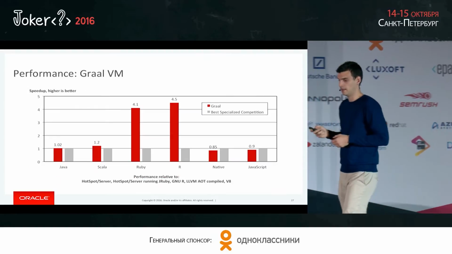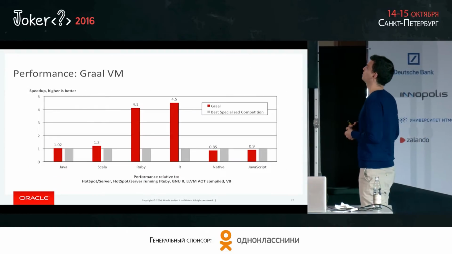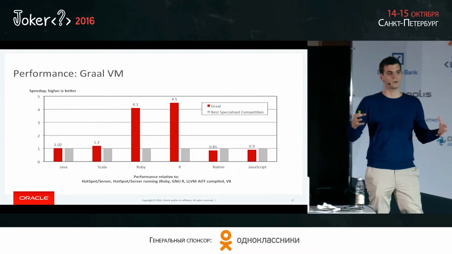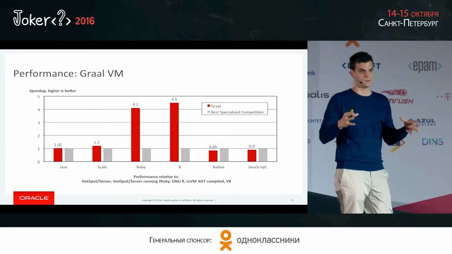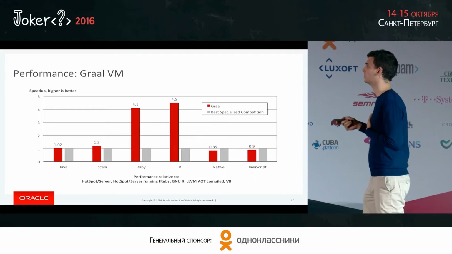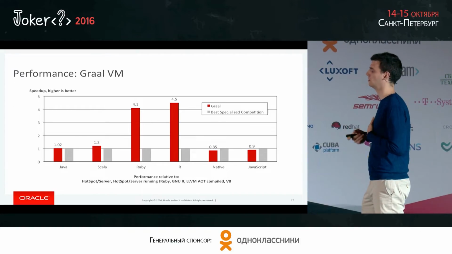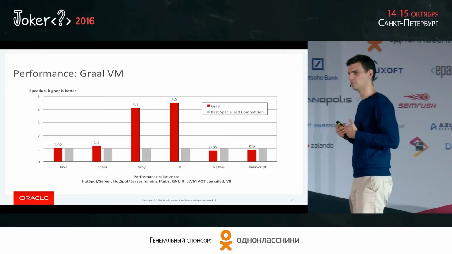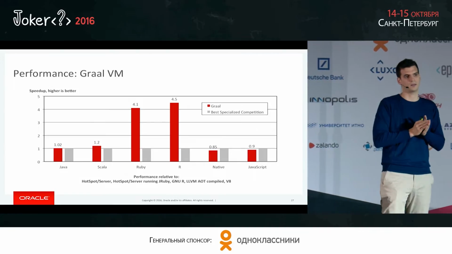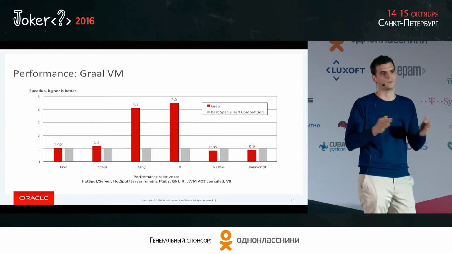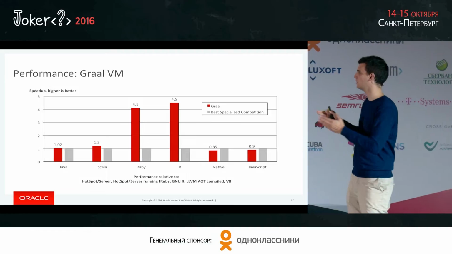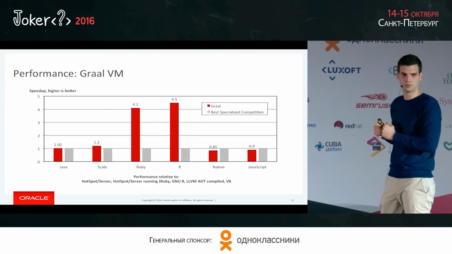So, let's look at the performance numbers. What we get with this whole effort, right? A lot of work went into this. This is an average over many benchmarks that are common in the community for each language, for Java, for Scala, for Ruby, and so on.